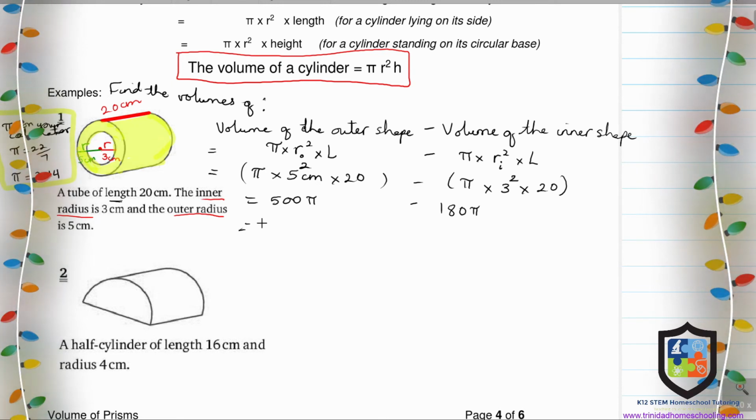Alright, so 500 minus 180 is going to give me 320 pi. Okay, so the answer will vary slightly if you want to use 22/7 or 3.14 or the value of pi on your calculator. Don't forget your units, centimeters cubed, because we're talking about volumes.